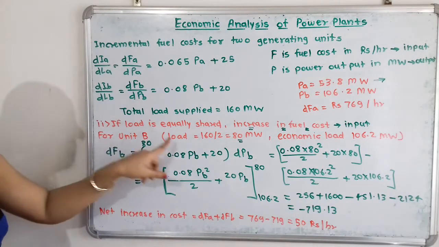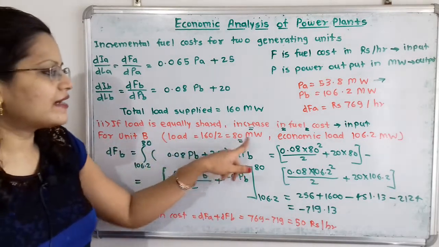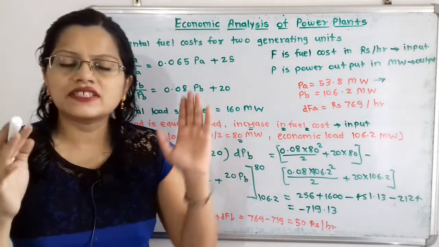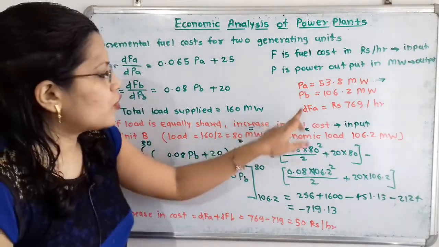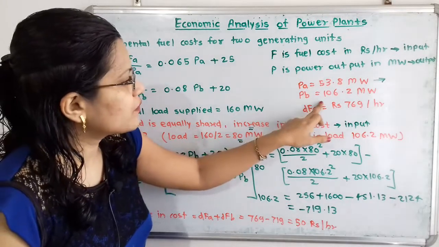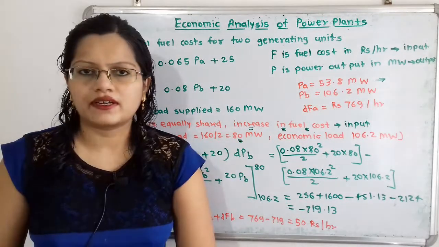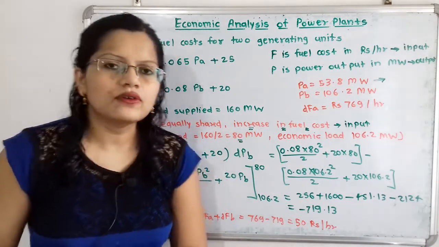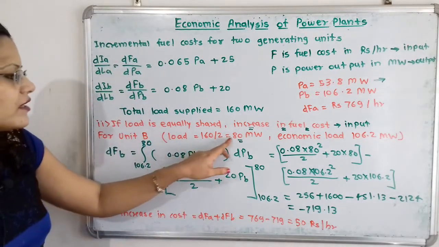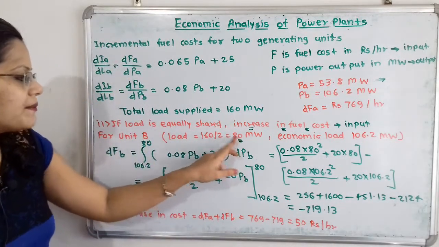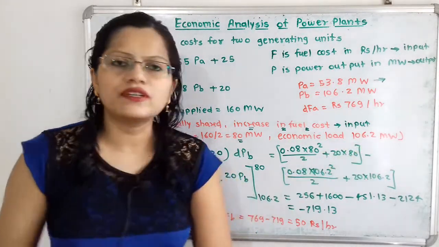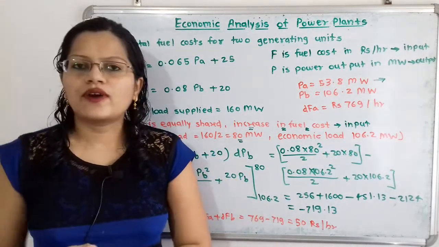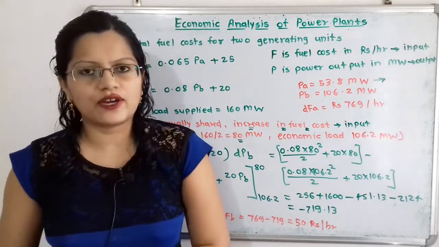Now in the same way we will calculate this value for unit B. So for unit B, the load is 80 megawatt and the economic load, that is the load for minimum fuel cost, is 106.2 megawatt. Now we have to find out, when we share the 80 megawatt load for unit B instead of 106.2 megawatt, what is the change in the fuel cost.